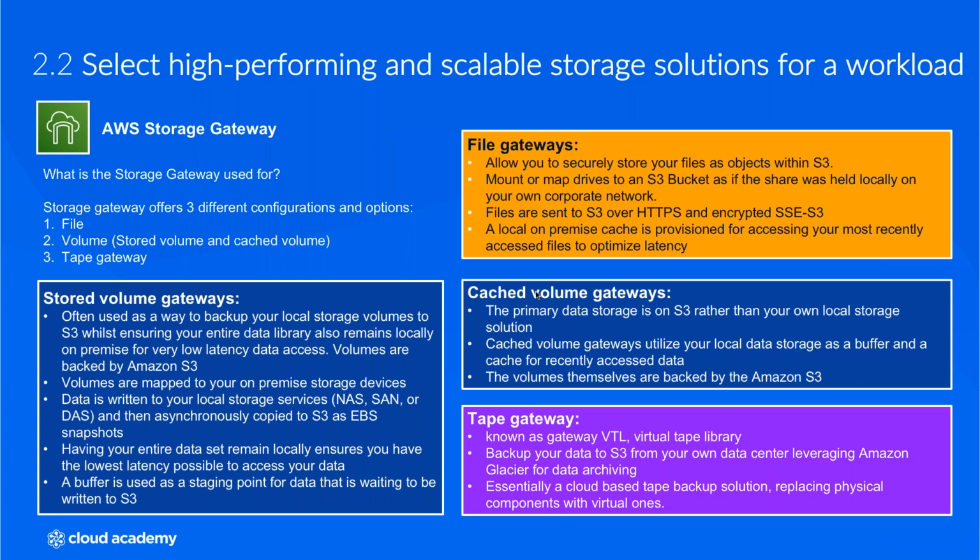They do offer different levels of performance and capabilities, and again, it depends on the scenario or use case. So just be careful to look at the question to understand exactly what they're asking if you get any questions on Storage Gateway, whether you'll need to use a file, stored, or tape gateway.